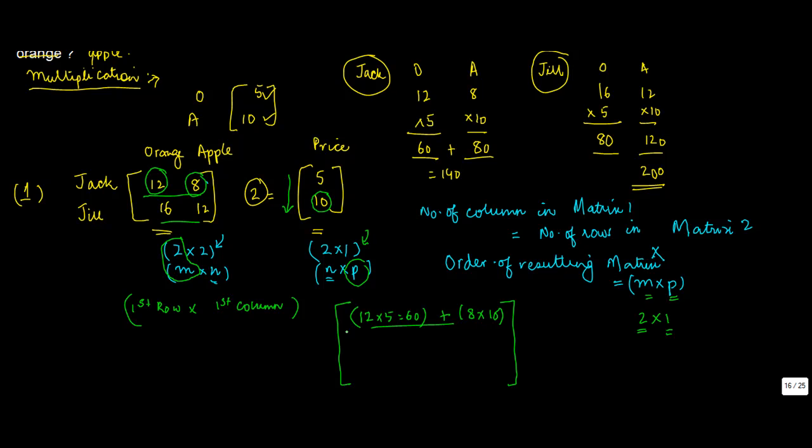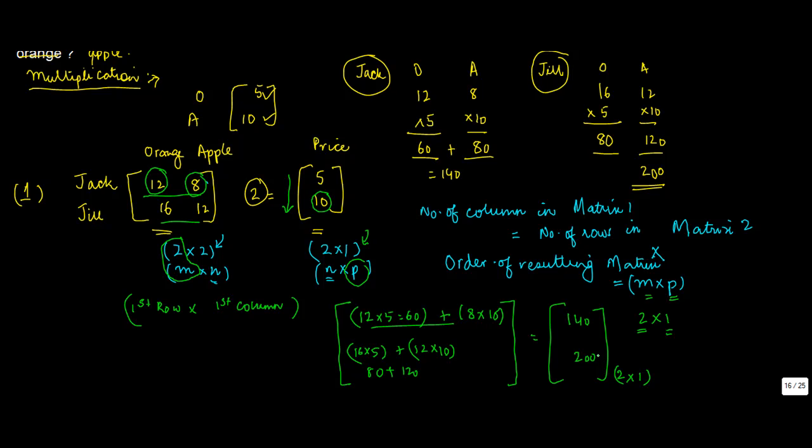So 16 into 5 plus 12 into 10. If you do the summation, you get 60 plus 8 into 10, which gives you 80. 60 plus 80 will be 140. 16 into 5 gives you 80 plus 120, which is 200. The order of the resulting matrix is 2 into 1.